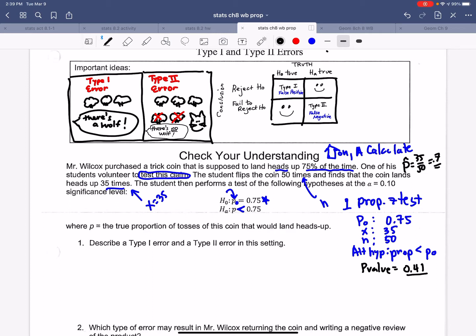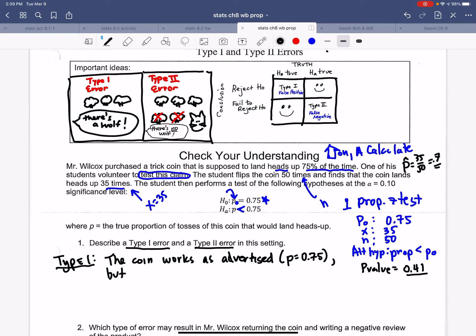So now let's think, what are the consequences and the settings when you get a type 1 versus a type 2 error? So a type 1 would be, thinking about this, that the coin does work as advertised. Okay, well, what does it advertise? It does work at this 75%.